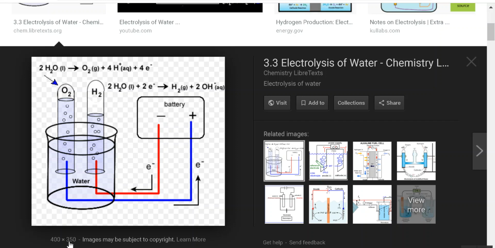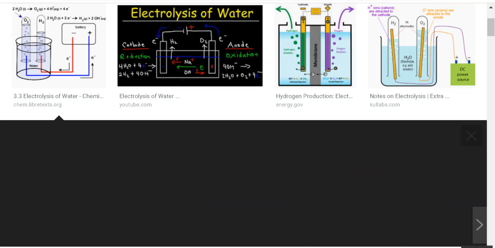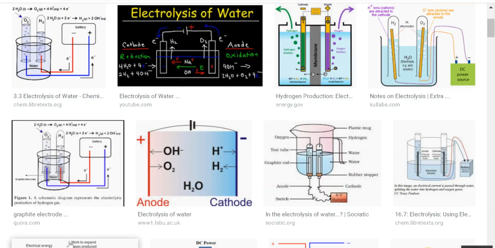The positive end of the battery connects, the blue wire, with the test tube that is going to attract the negative oxygen ions, while the negative end of the battery will connect through the red wire with the test tube that is going to attract the positive hydrogen ions. So that is simply electrolysis in a nutshell.